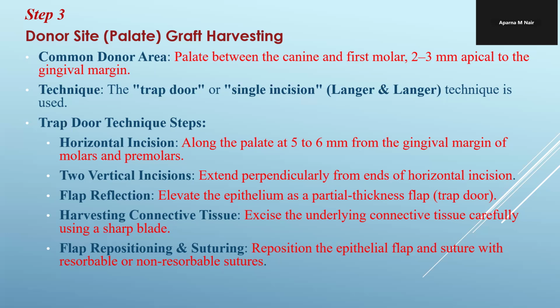This technique of reflecting the flap by giving one horizontal incision and two vertical incisions on either side is the trapdoor technique. Once the partial thickness flap is reflected, you can see the connective tissue bed. Now by giving 4 incisions, excise the underlying connective tissue carefully using a sharp blade. Reposition the epithelial flap and suture it with a resorbable or a non-resorbable suture.